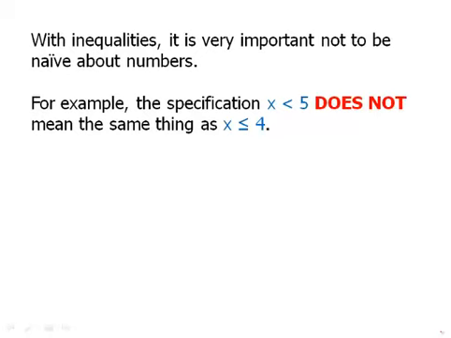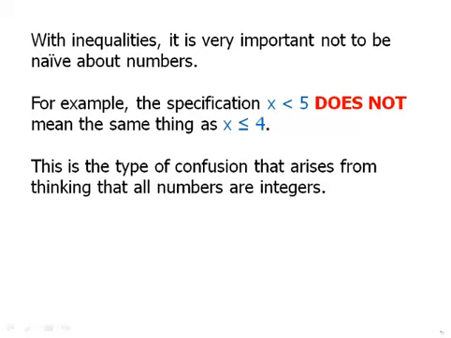What's going on here is people are thinking that x can only be a number that they can count on their own fingers. In other words, people are only thinking about positive integers. This is the type of confusion that arises when people think all numbers are just positive integers, numbers I can count on my fingers.